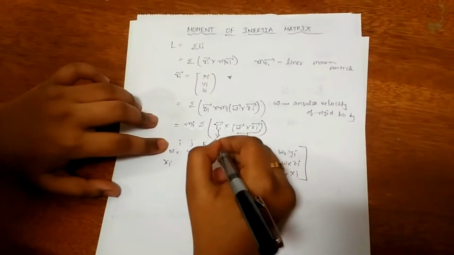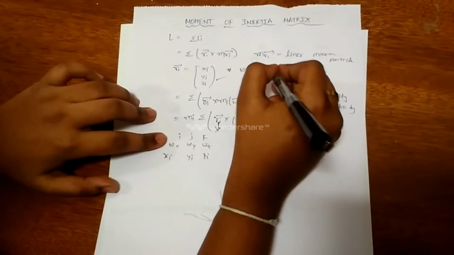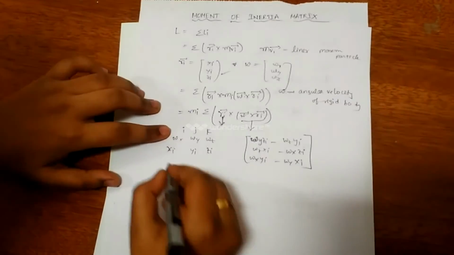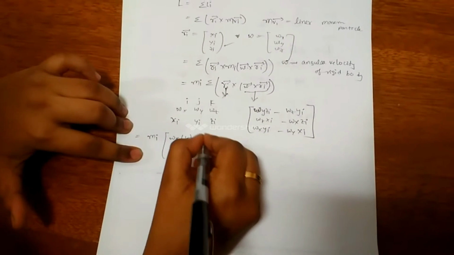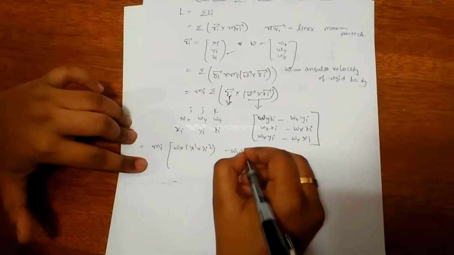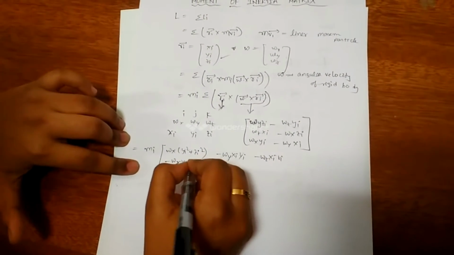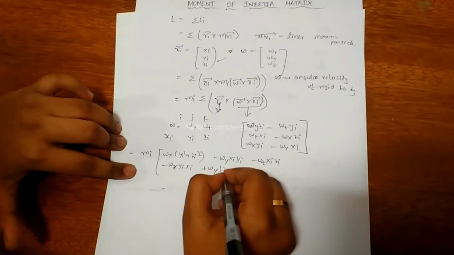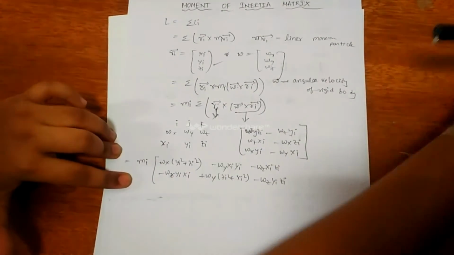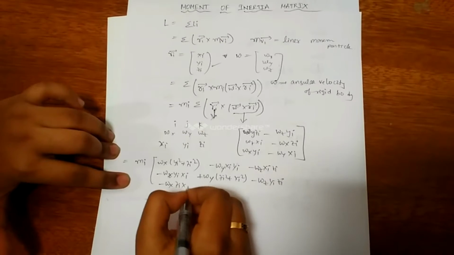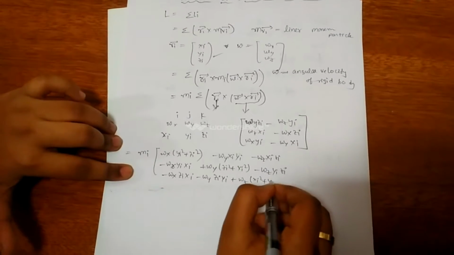Now again, by substituting this in Ri, where omega is omega x, omega y, omega z, and substituting everything, we'll get the final answer as omega x into (yi square plus zi square) minus omega y xi yi minus omega z xi zi, minus omega x yi xi plus omega y into (zi square plus xi square) minus omega z into yi zi, minus omega x zi xi minus omega y zi yi plus omega z (xi square plus yi square).